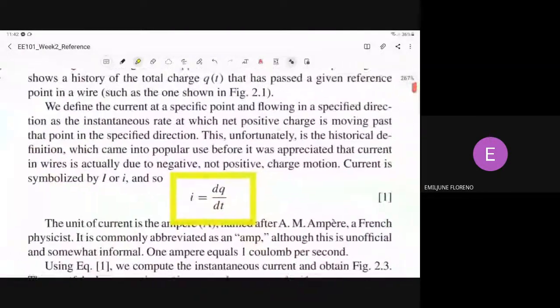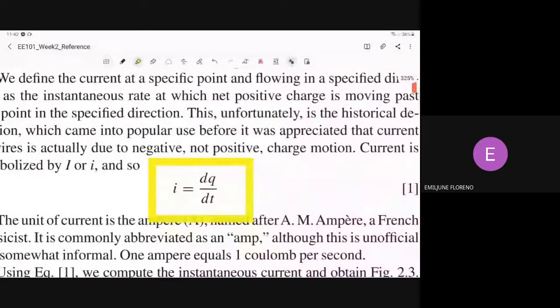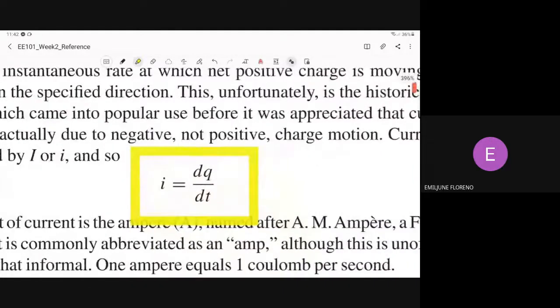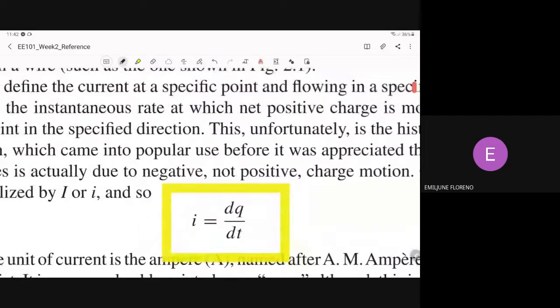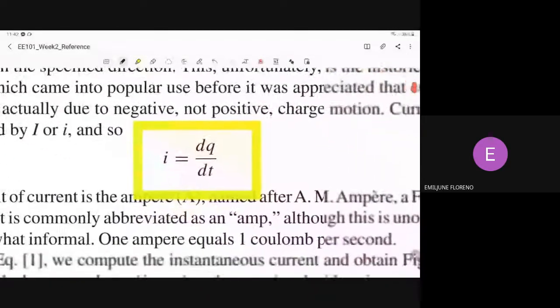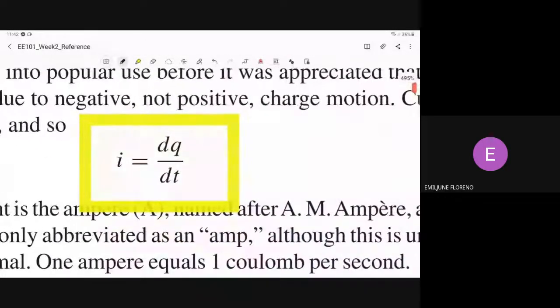Kani pasabot ani, it means that, di ba, ato nang na-discuss ganina, your current is charge in motion, or ang pag-change sa imong charge with respect sa time. Let's go back sa atong basic calculus. Basic calculus na ni, we have here i is equal to dq over dt.